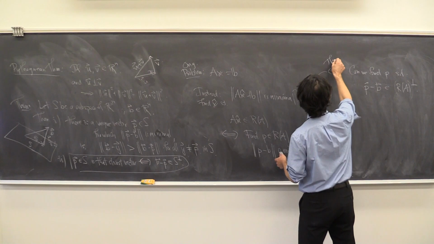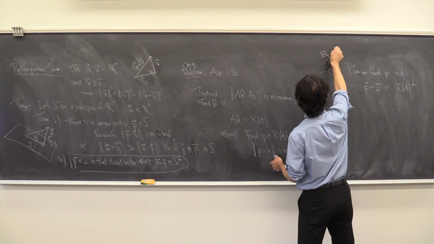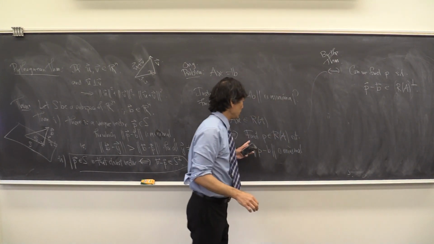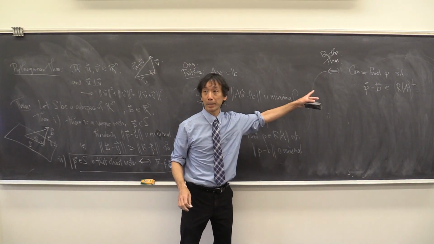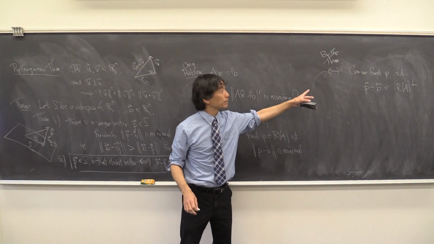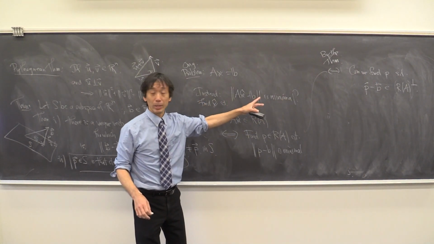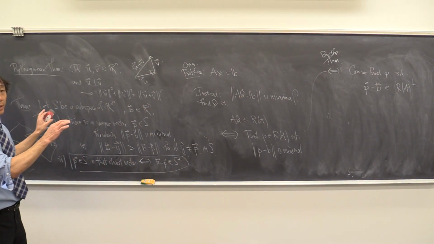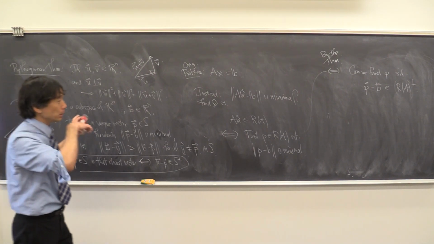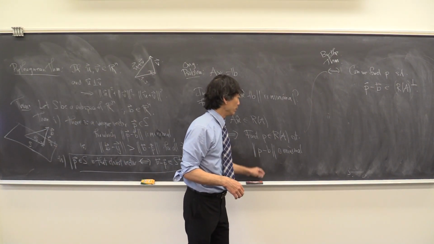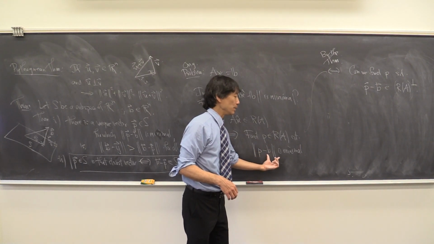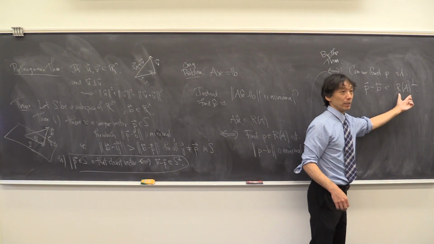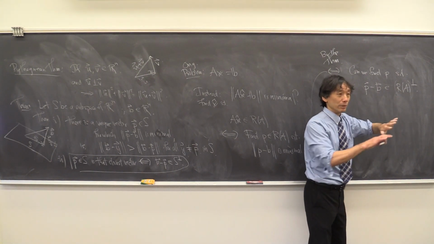By the theorem that we just proved, this problem turns into that problem. That's the key. That's why we created this theorem. It allows us to change the problem one more time. Finding the P for which this distance is minimal is the same thing as finding the P for which the difference lies in the orthogonal complement of the subspace.